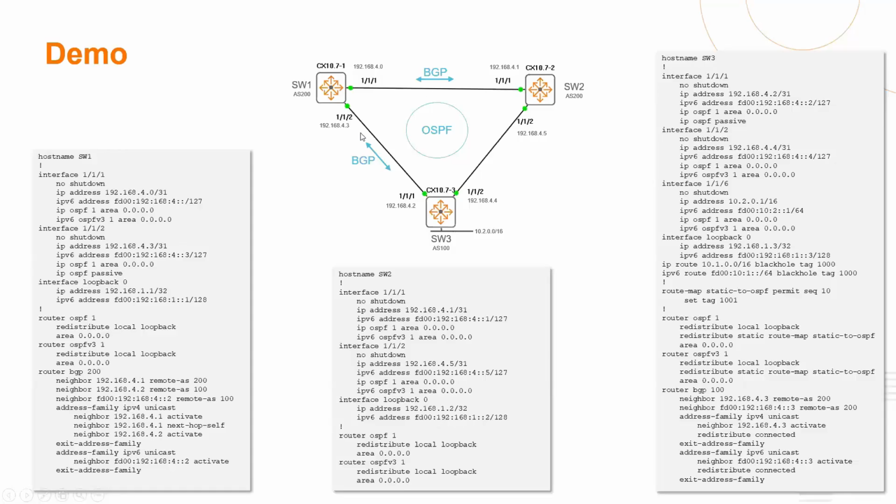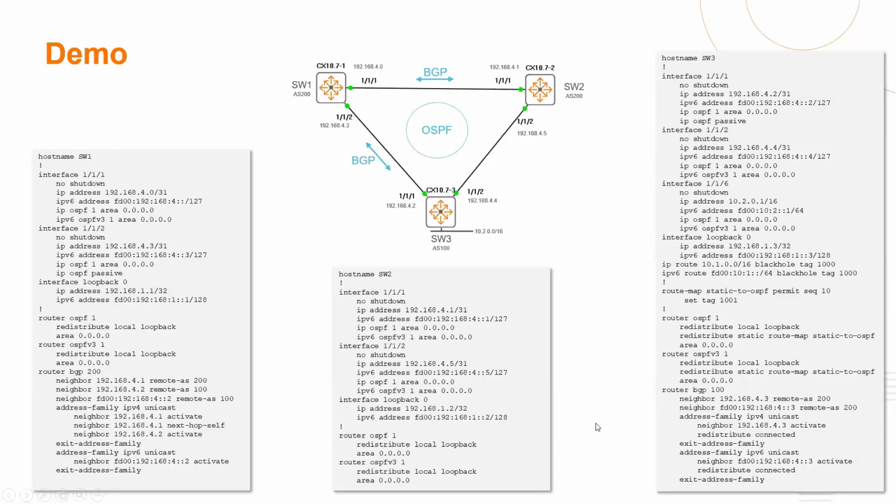So we have OSPF between switch 1, 2, and 3, BGP between 1 and 3, and BGP between 1 and 2. You have the short extract of the configuration on the slide if you want to make a mock-up.